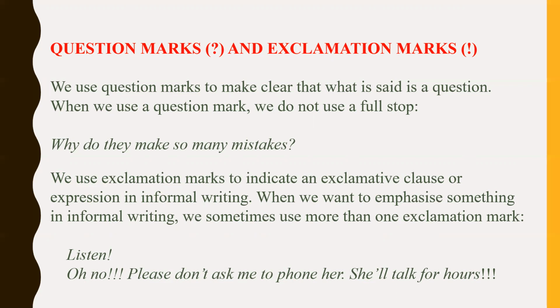And for example, the exclamation mark. Exclamation marks are used to indicate an exclamative clause or expression in informal writing. When we want to emphasize something in informal writing, we sometimes use more than one exclamation mark. For example, please do not ask me to phone her. She'll talk for hours! That means you are exclaiming that point and it's an informal conversation.